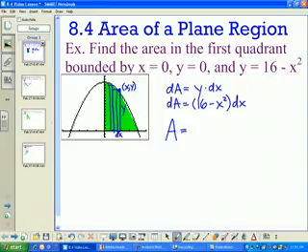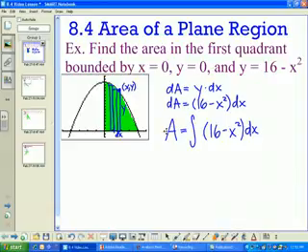Really what we would be doing is finding the integral of all of these rectangles, or adding all of those areas together.